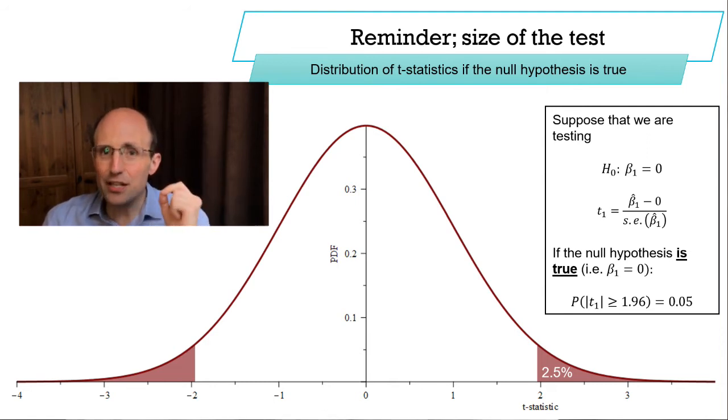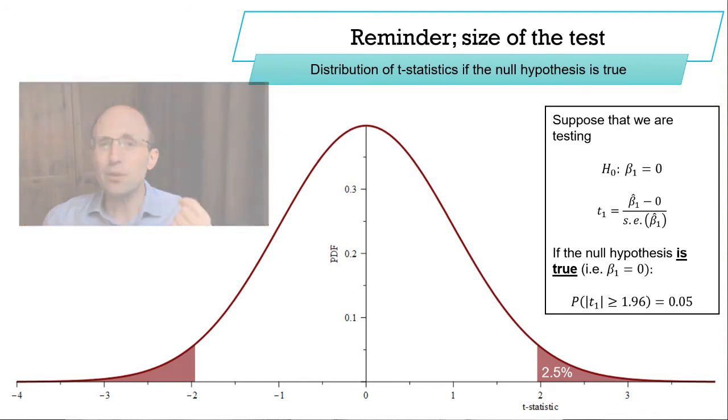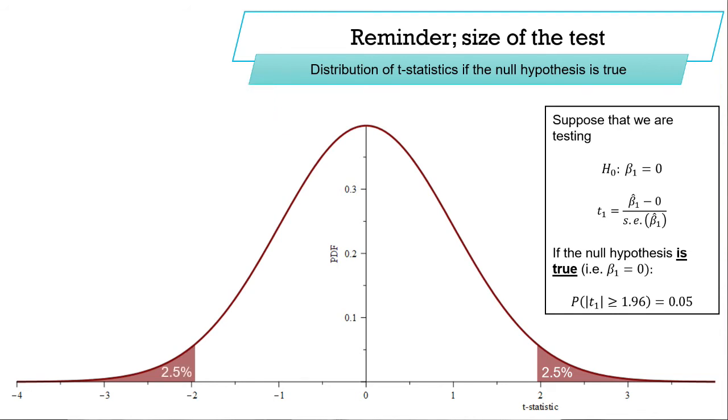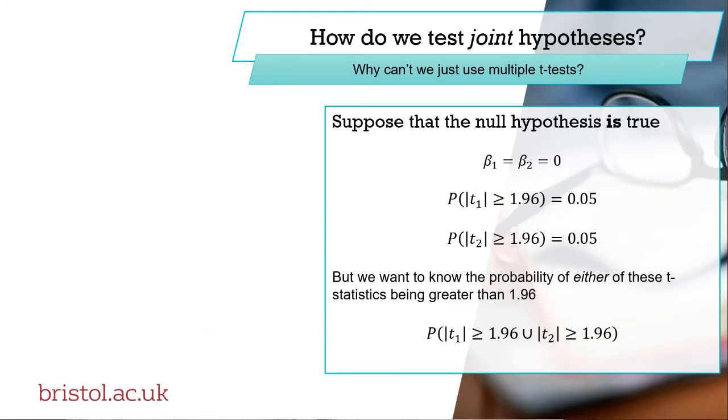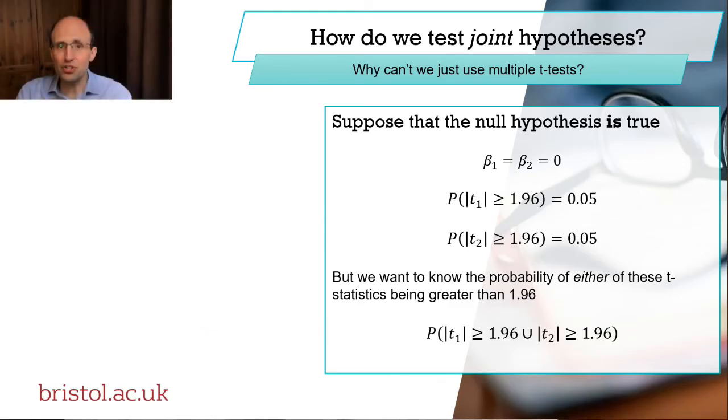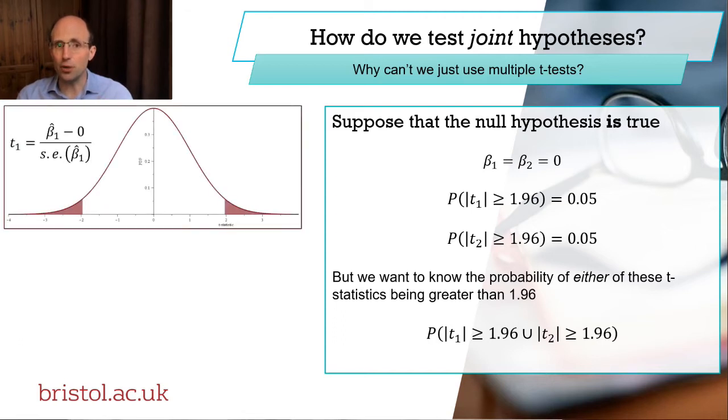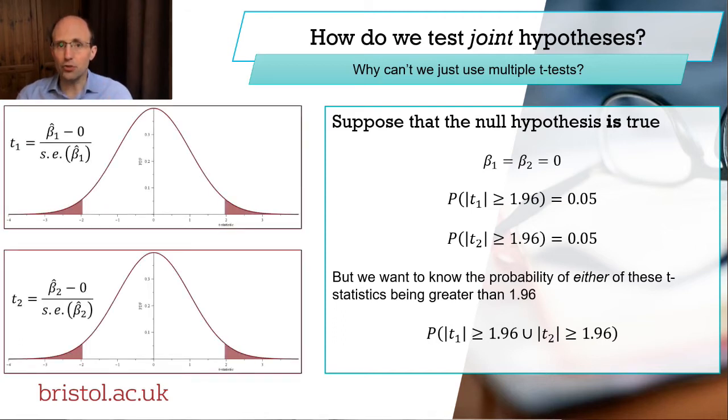But that's for an individual t-test. Here we're effectively carrying out two t-tests. So in this strategy that we suggest, we're going to construct a t-statistic for beta 1. We're also going to construct a t-statistic for beta 2.